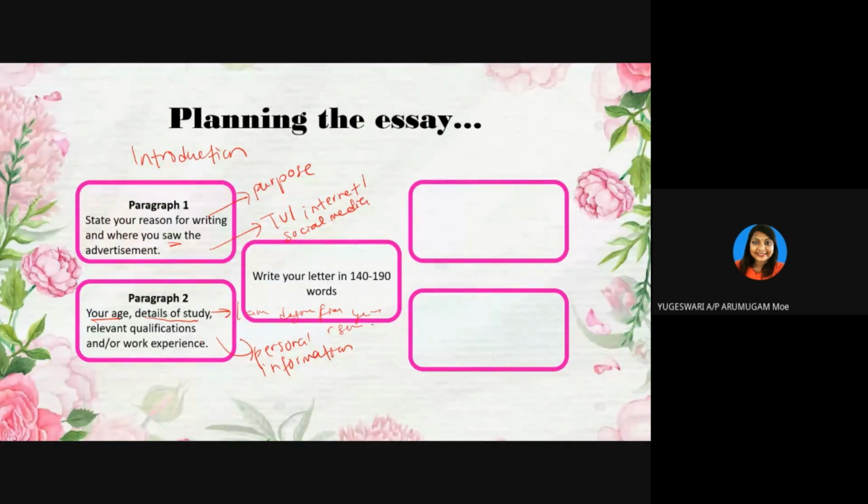Remember you guys told me about qualifications just now? These are the things, the relevant qualifications. You all stated this in the Mentimeter just now. Then work experience. Some of you might have worked before you worked in Sport Direct. Maybe you have worked as a cashier in a petrol station for 2 months, so you say, I worked as a cashier for 2 months.